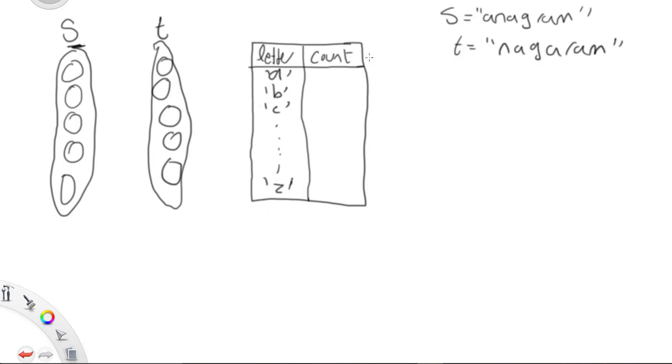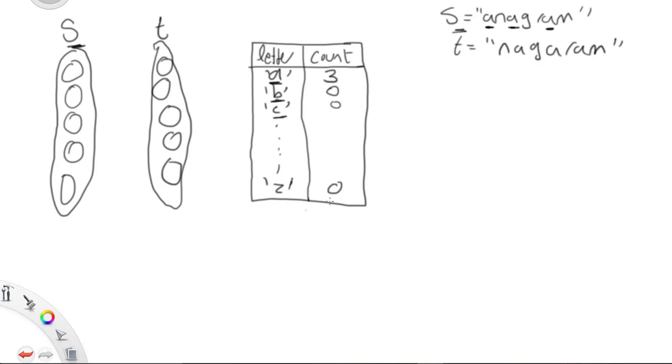Then I ask, how many times is the letter A shown in anagram? There's an A here, an A here, and an A here, so 3 times. How many B's? None, so I put a 0. How many C's in anagram? None, 0. And I do the same thing all the way to Z. Z has 0 because we don't have any Z here.